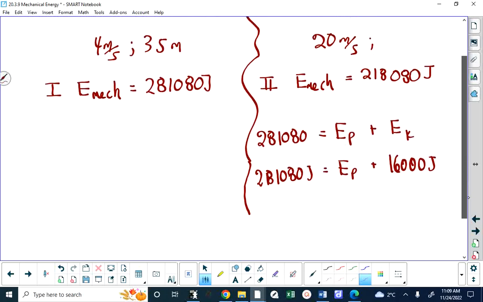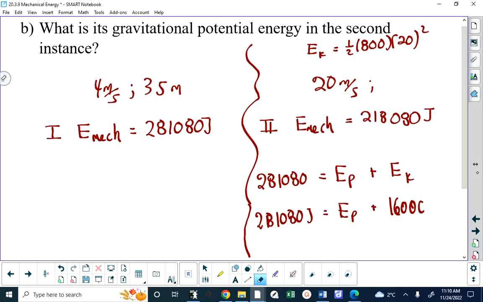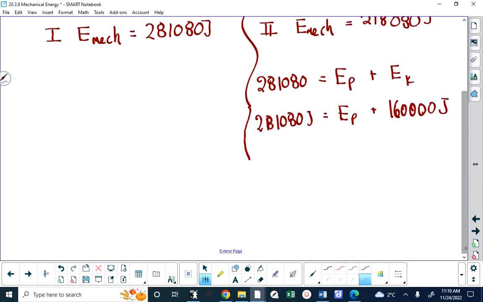It's a pretty straightforward thing, I'm missing a 0 there. It's a pretty straightforward thing to subtract that 160,000 mathematically from both sides and get 21,080. So EP is 21,000.